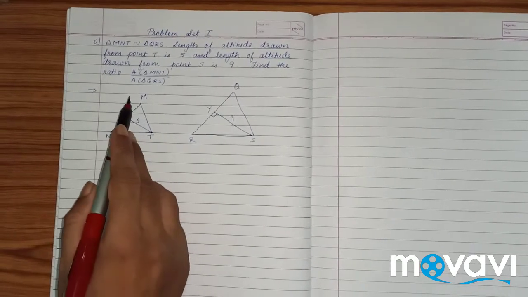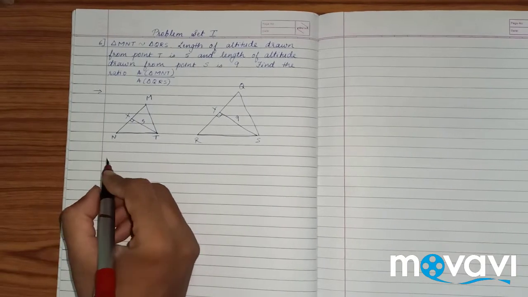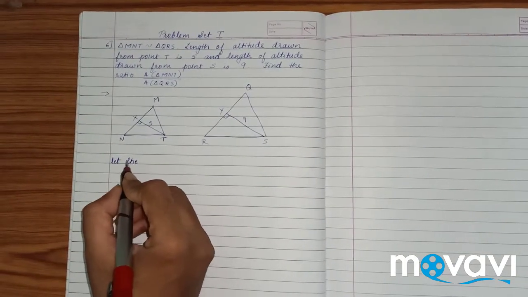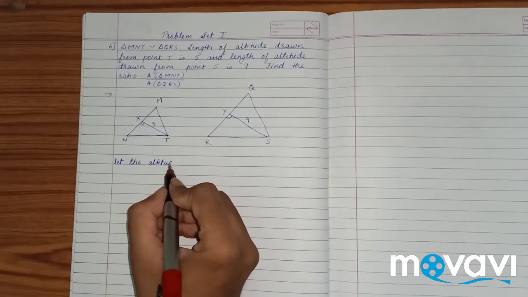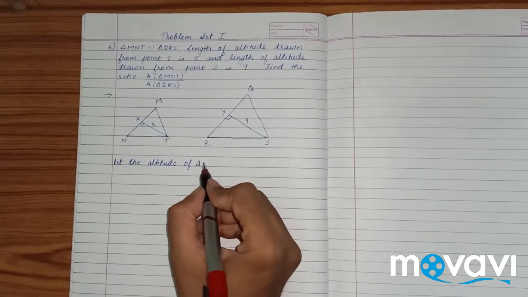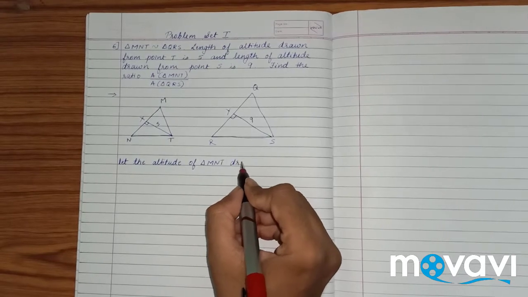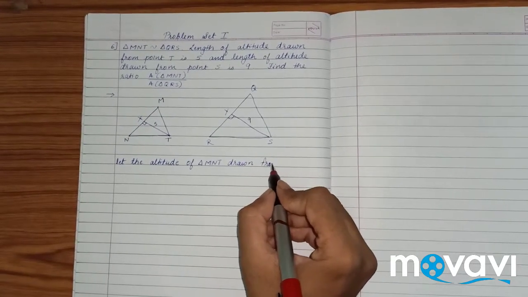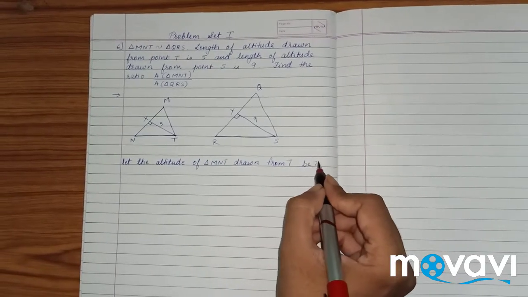Okay. Now we will have to first mention what is our altitude. So let us write down. Let the altitude of triangle MNT drawn from T be Tx.